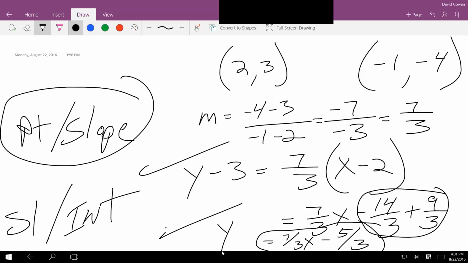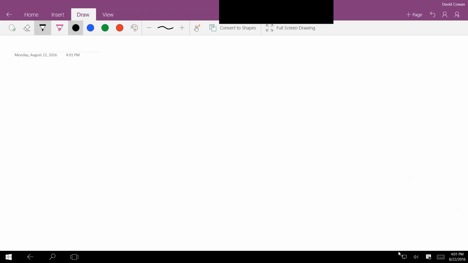But don't forget how to do your algebra. In other words, when you're dealing with a fraction and a whole number, you can find a common denominator, so that'd be 6/3, so you'd end up with 1/3.